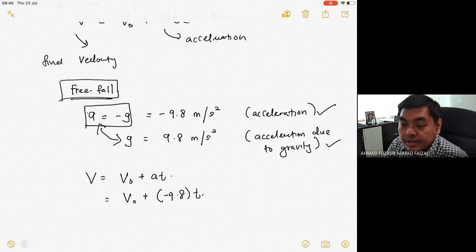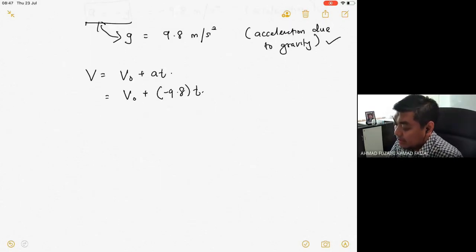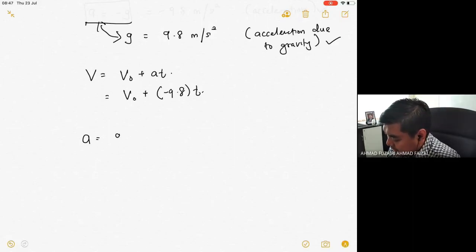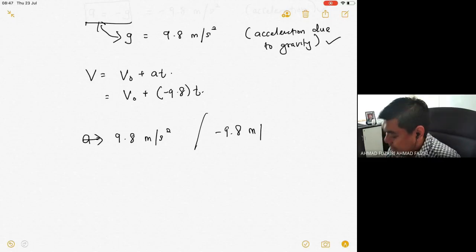when do we know when to use negative 9.8 or 9.8? Adam is asking when to use 9.8 meter per second square or negative 9.8 meter per second square.